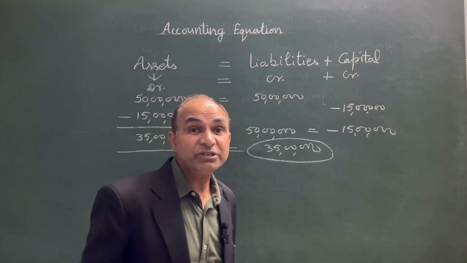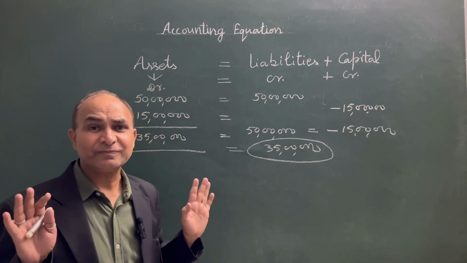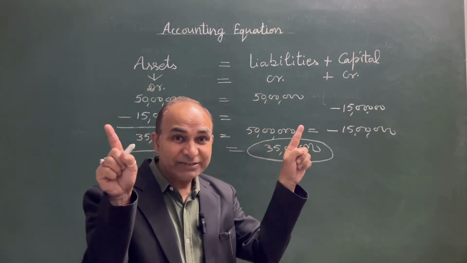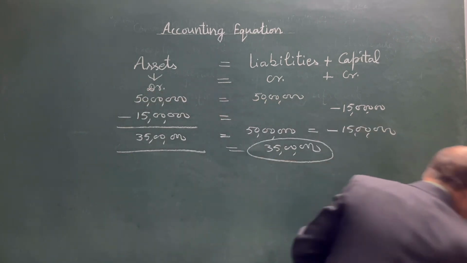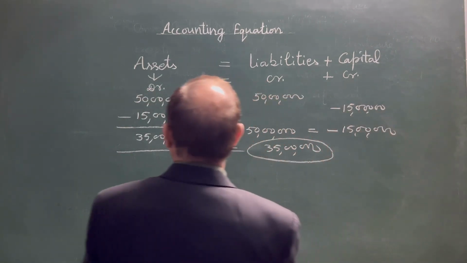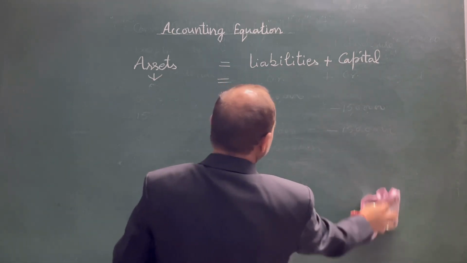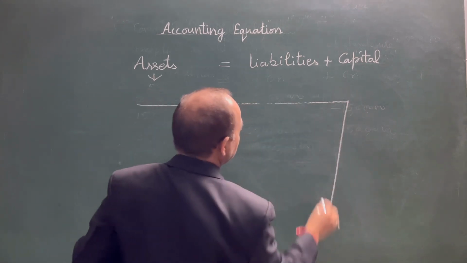And one more thing you need to know: based on this accounting equation, you would be able to understand that two sides of the balance sheet are always equal. See the two sides of the balance sheet. I would like to explain that concept also. See, the pro forma of the balance sheet, I would like to draw here. This is the balance sheet.